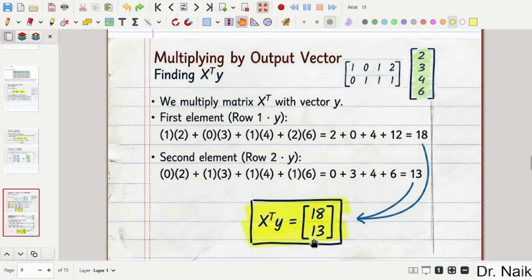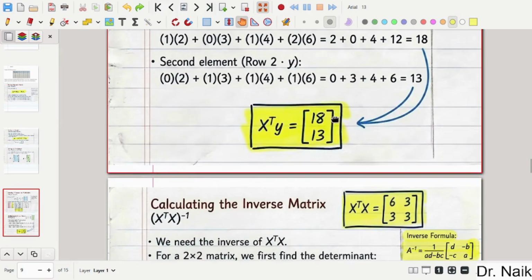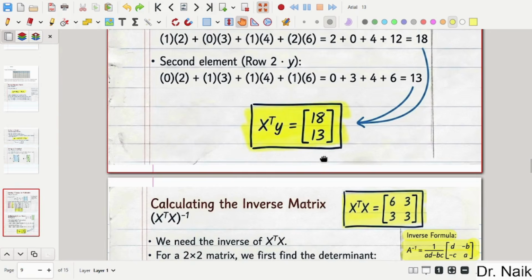Now calculate the second row entry: 0 multiplied by 2 plus 1 multiplied by 3 plus 1 multiplied by 4 plus 1 multiplied by 6. It is 0 plus 3 plus 4 plus 6, which is 13. So X transpose Y is a column vector with entries 18 and 13.